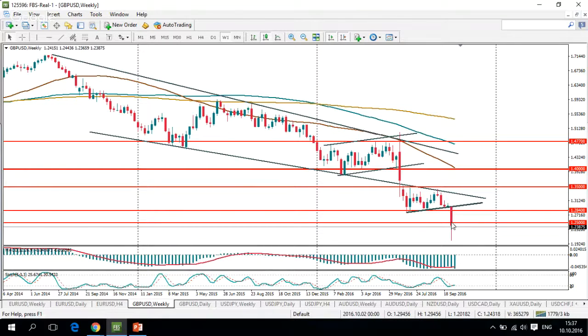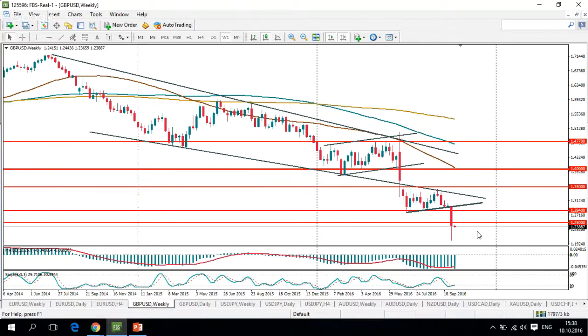And then came a breakthrough, and I have in my trading terminal the minimum of this weekly candle around 1.2018, but I know that it is a bit different for different brokerage companies. It is, of course, important that after some correction, the pound is still trading below resistance at the 1.25 mark.